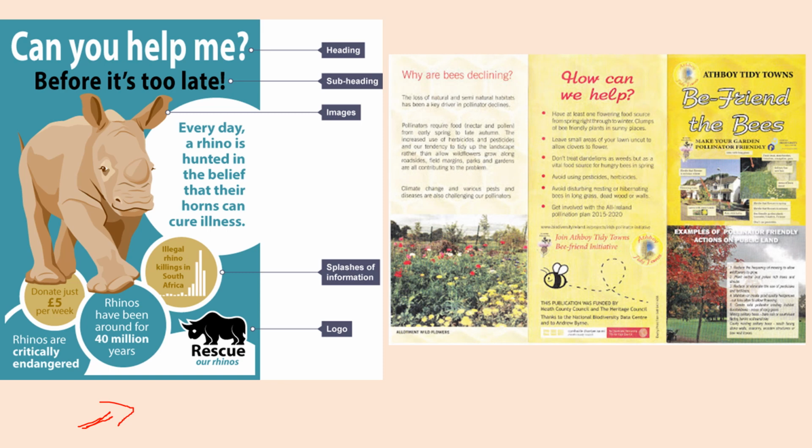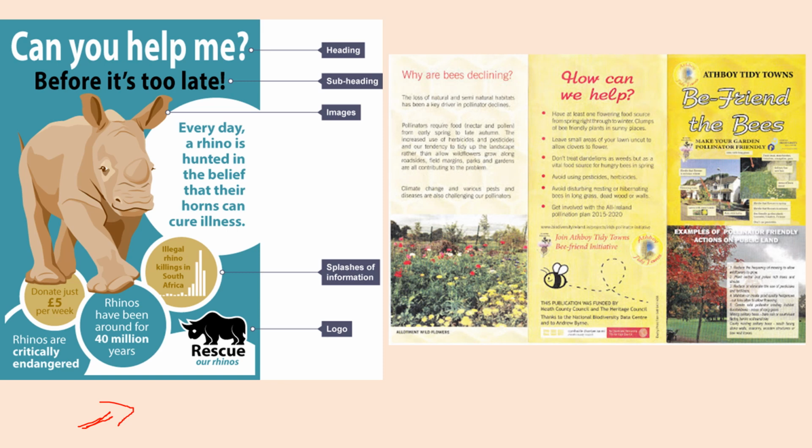So remember, facts make your argument stronger. And there's some splashes of information. Illegal rhino killings in South Africa, just telling us where the rhinos are found. And there's a logo over here for this company. Rhinos have been around for 40 million years. Again, another fact.